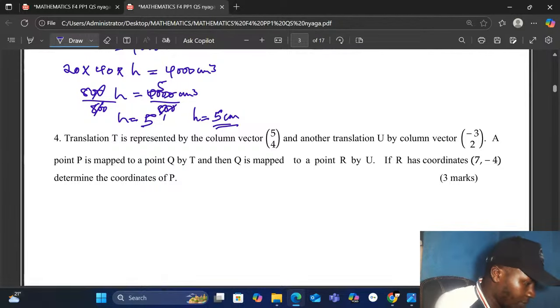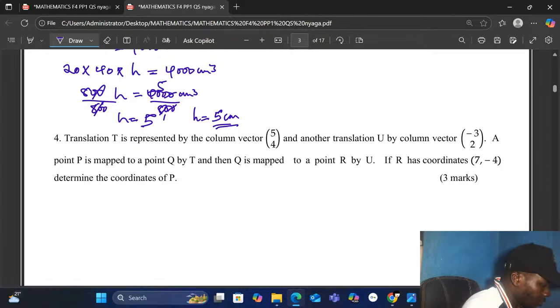A point P is mapped to a point Q by T, and then Q is mapped to a point R by U. If R has coordinates of 7 and -4, determine the coordinates of P.